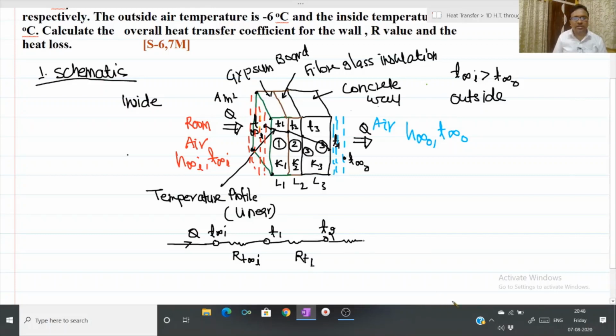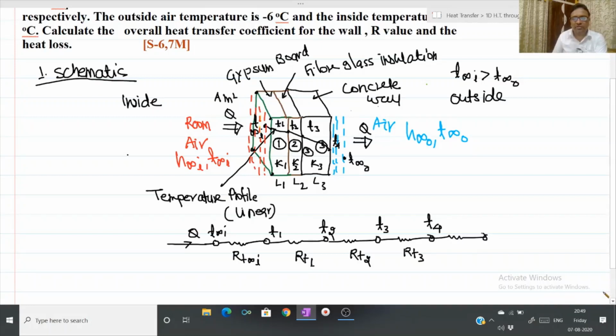Third, thermal resistance will be offered between temperature limit T2 and T3 by fiberglass insulation. Again, it will be conductive thermal resistance. Fourth, thermal resistance will be offered by concrete wall between temperatures T3 and T4. It will be again conductive thermal resistance represented by RT3.